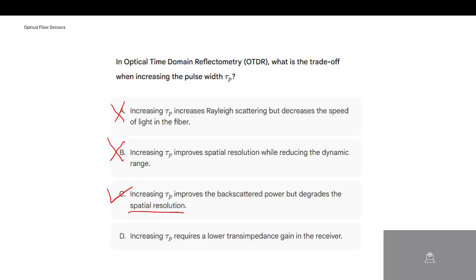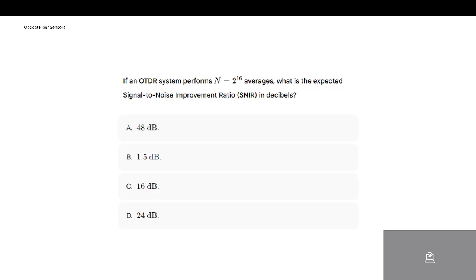Okay, moving towards the last option, increasing power, low transimpedance gain in the receiver, that is nothing related to this particular property.